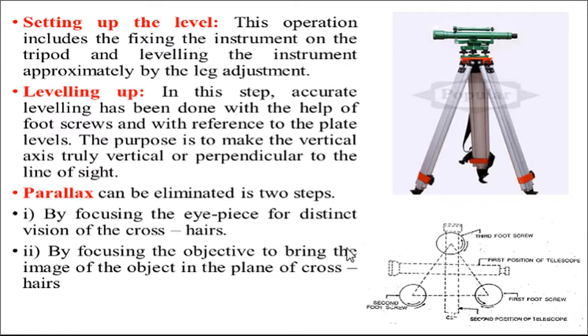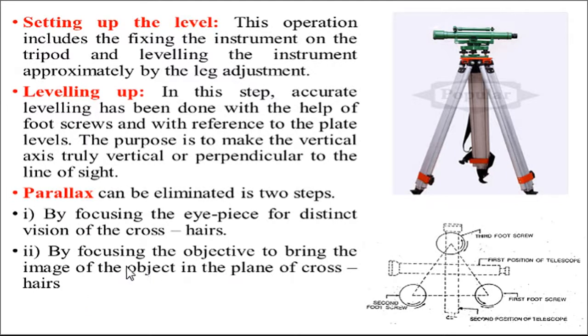The third process is removal of parallax. Parallax can be eliminated in 2 steps. First, by focusing the eyepiece for distinct vision of the crosshair. When we turn the eyepiece, we should get a clear image of the crosshairs, because we have to take the reading at the crosshairs. Second, by focusing the objective to bring the image of the object into the plane of the crosshair.